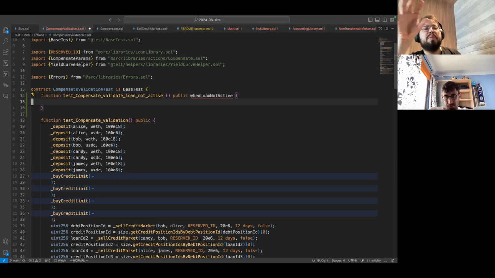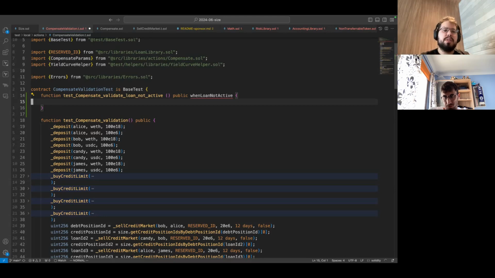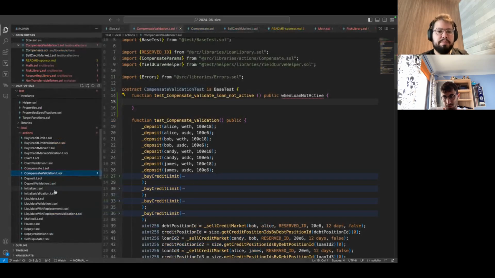So I think this can make the tests much more modular. And I think we should try this new approach whenever we are developing something new. I think it's easier to understand. And this is something that I would probably refactor.